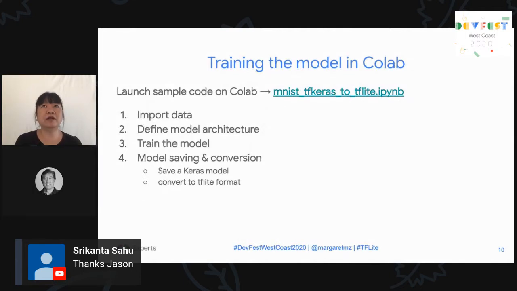I have included the Colab here for writing the training code. You import the data, you define the model architecture, you train the model, and then we save and do the conversion. In this particular example, we're saving in the Keras model format before we do the conversion.